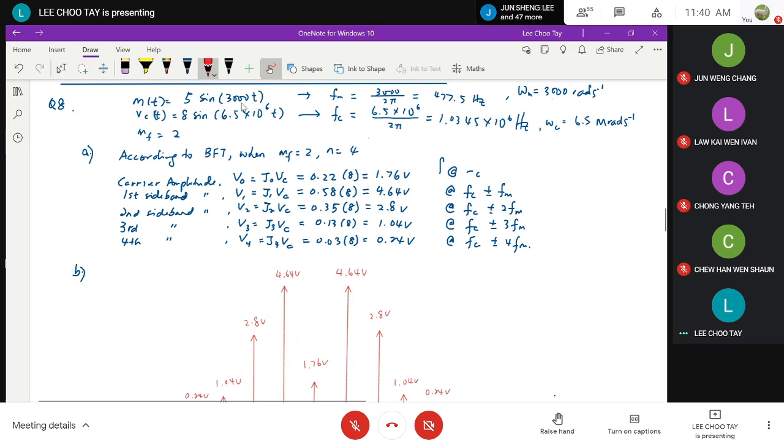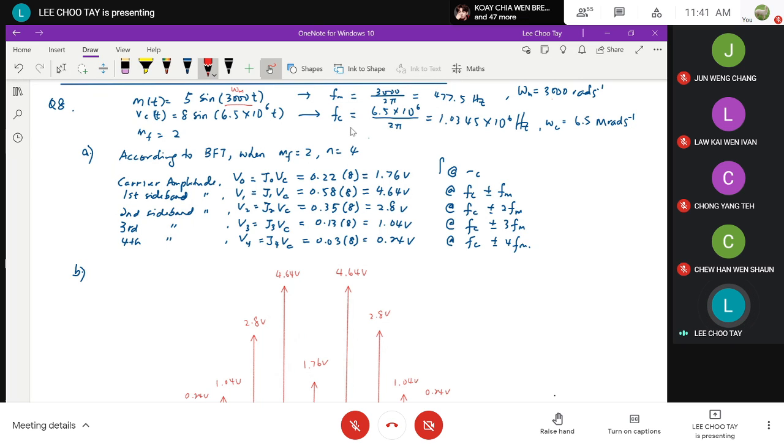So to find your message frequency f, you take 3000 divided by 2 pi. That gives you your baseband signal frequency, or message signal frequency, of 477.5 hertz.